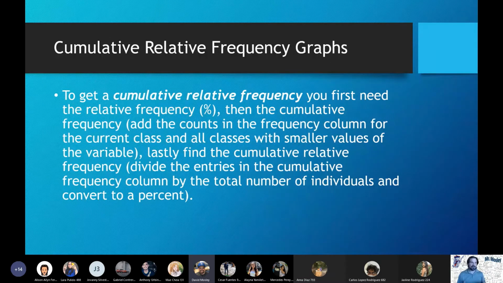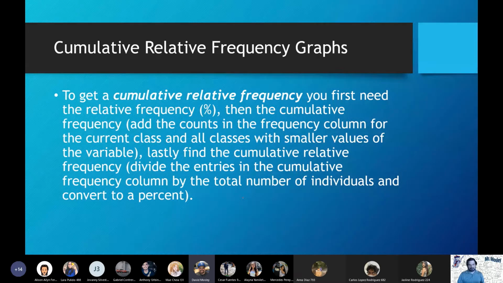To get a cumulative relative frequency, you first need a relative frequency, which is a percentage, then the cumulative frequency, where you add the counts in the frequency column for the current class and all classes with smaller values of the variable. Lastly, find the cumulative relative frequency by dividing the entries in the cumulative frequency column by the total number of individuals and convert to a percent.